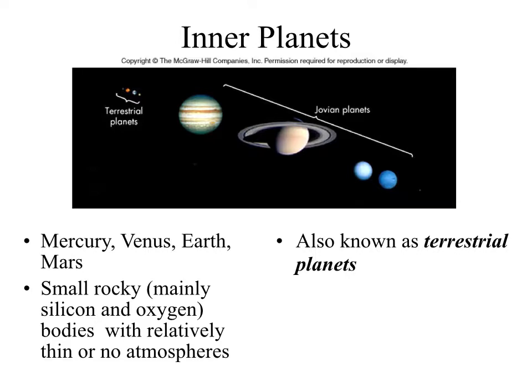The inner planets are composed of Mercury, Venus, Earth, and Mars. These are mainly small, rocky bodies, with silicon and oxygen as the main composition, and relatively thin or no atmosphere. We also call these planets terrestrial, meaning Earth-like.